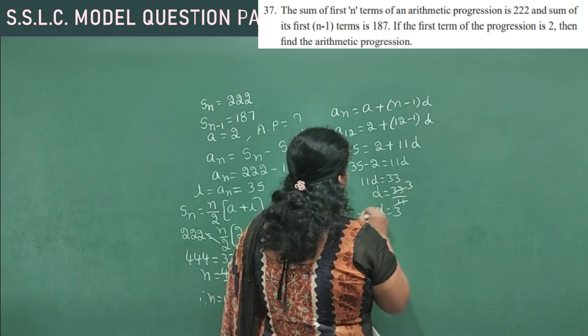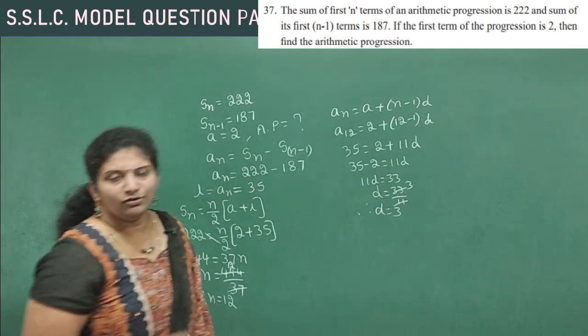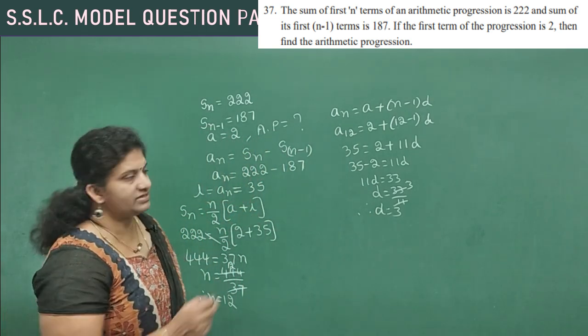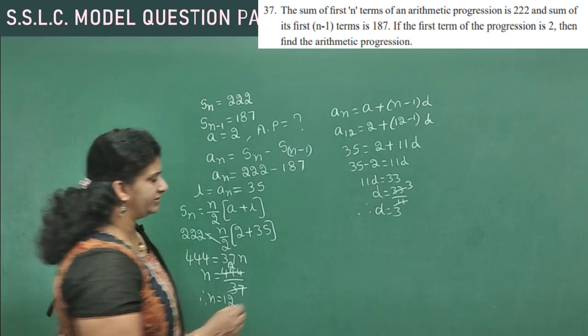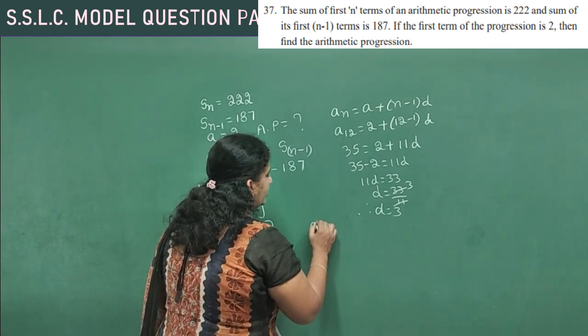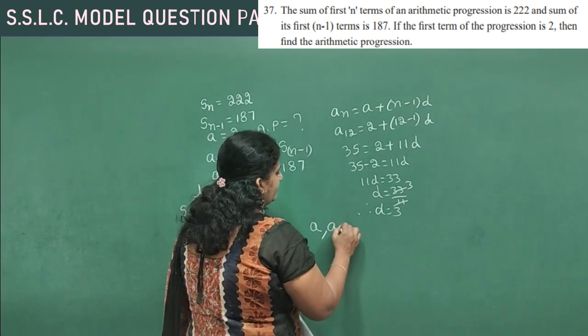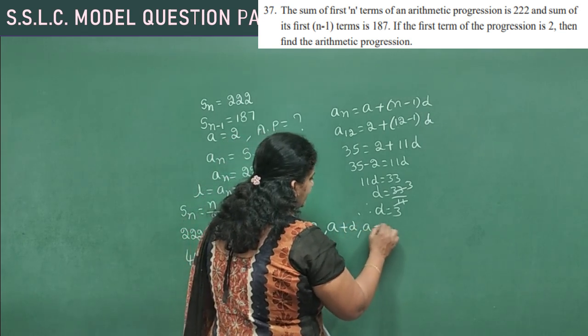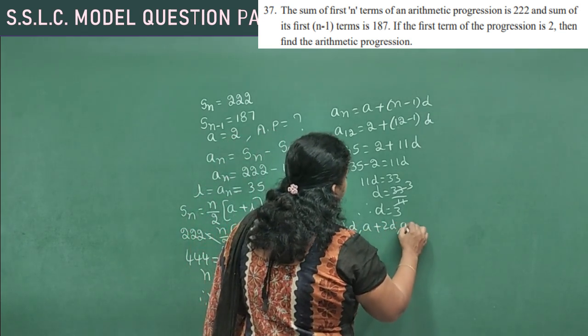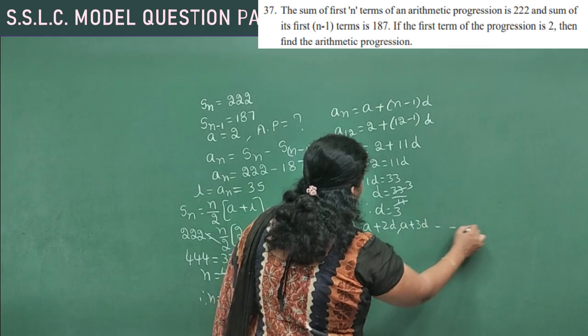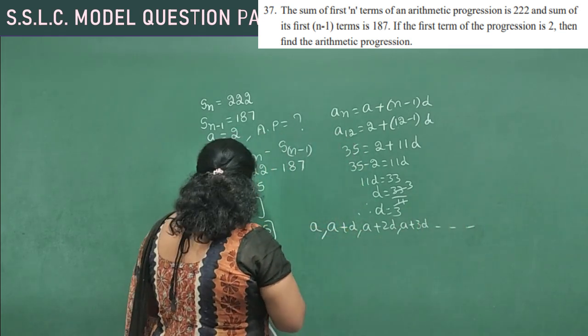So therefore finally what I can say, I know first term and common difference, I can write the arithmetic progression. Therefore arithmetic progression is a, a plus d, a plus 2d, a plus 3d, and so on. So now what is a here?